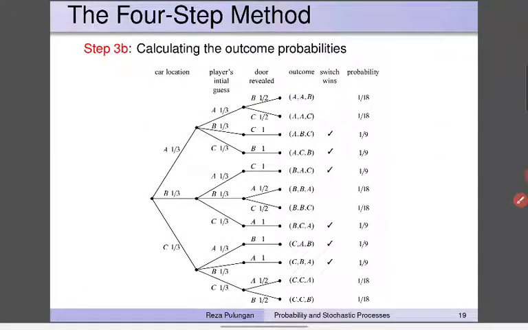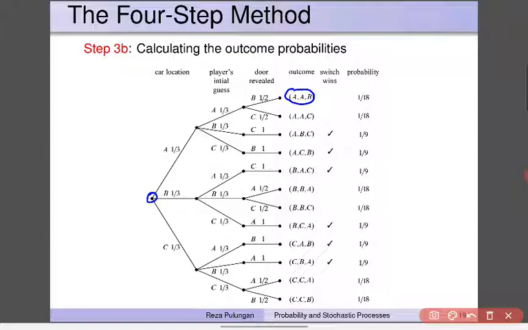We return again to this tree diagram, and to obtain the probability of the outcome AAB, all we have to do is compute the product of all the edges along the path from the root to the leaf. The edges are A with probability 1/3, A with probability 1/3, and B with probability 1/2.